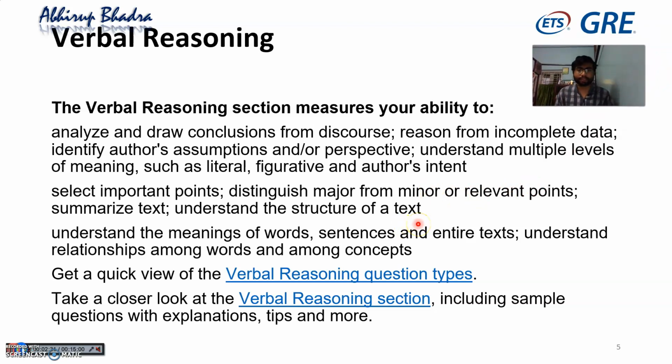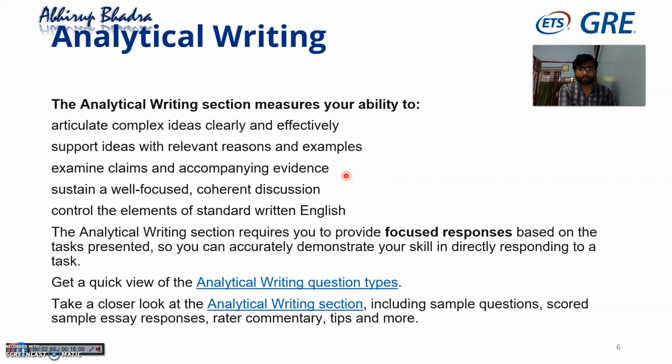Then the verbal reasoning section is formed of basic statements, and based on the statements there will be some questions. That tests how you understand English, the verbal part. Then there is the analytical writing section, where you will be tested for your analytical writing capabilities.